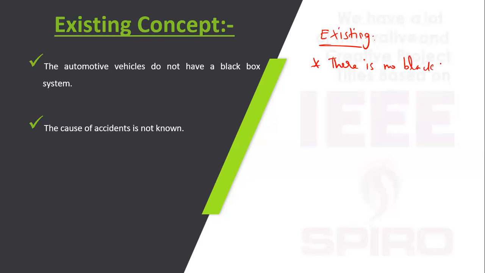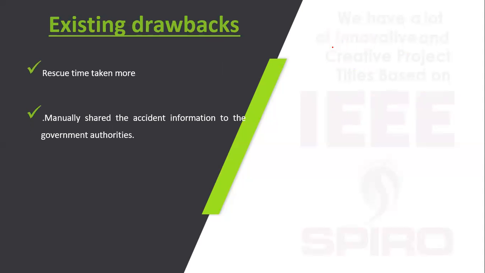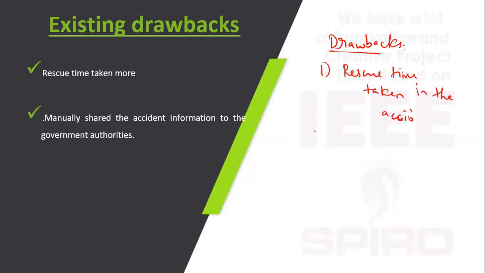When an accident occurs suddenly, we do not know the cause. So the drawbacks are that rescue time taken in the accidents is long, and the information is shared manually with the hospital or government authorities.